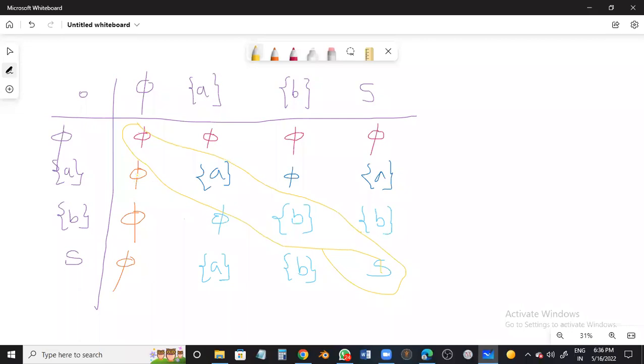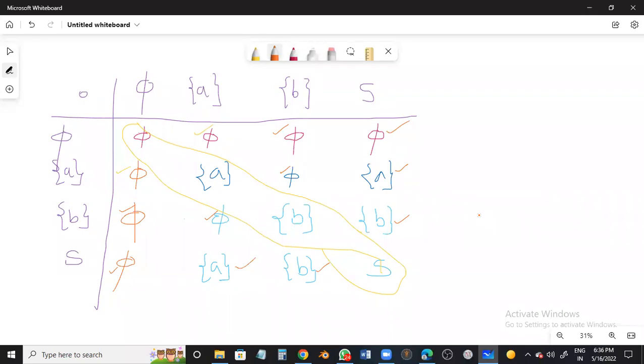This element you can see over here, same element. Then this element you will observe over here, and at the same time here also. Lastly, you can say this is phi, this is phi, this is singleton A, this is singleton A, and B, B. So you are observing that. Commutative. Yes, it is commutative.